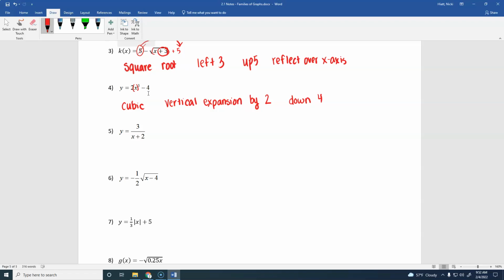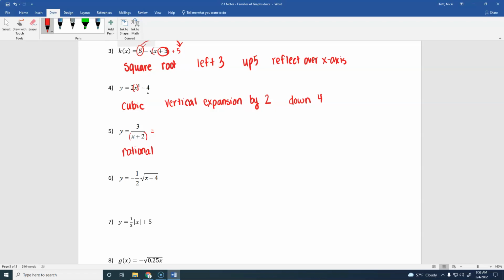Okay. The next one we have here is a rational. And for a rational function, it is helpful to think of it like this. You want to think of it like the denominator is where your parentheses are.